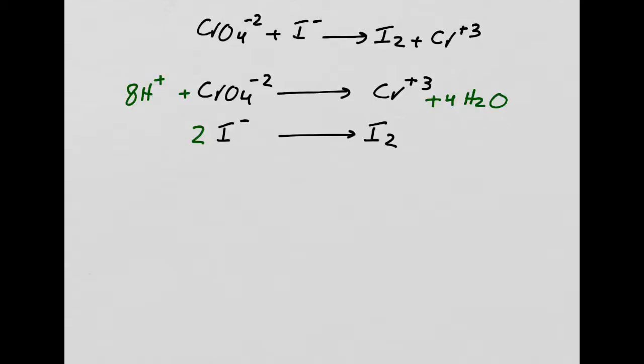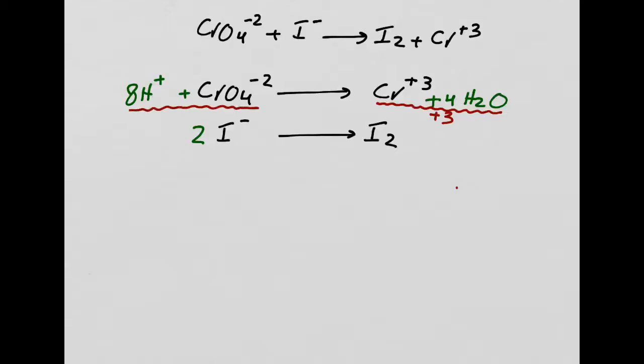Let's come over here. On this side, what is the overall charge on this side? I have 1 chromium plus 3 and water is neutral. So my entire charge over here would be plus 3 because I have 1 chromium plus 3 and water is neutral. Now how about on this side?